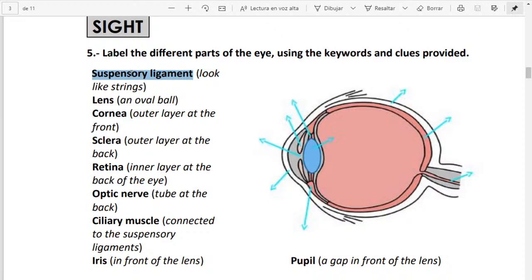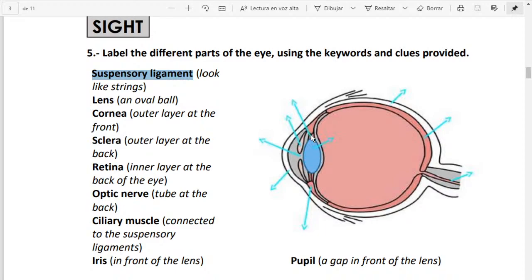Take notes, the suspensory ligament is this part here. It is called suspensory because something is hanging from it. This blue part, we know, is the lens.